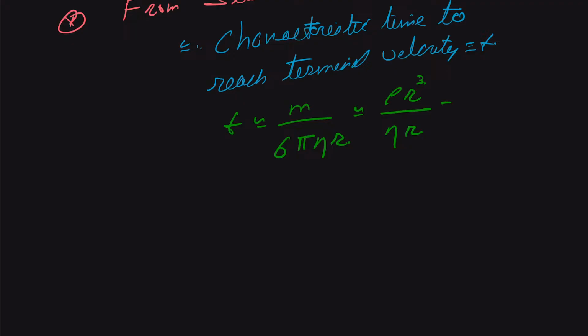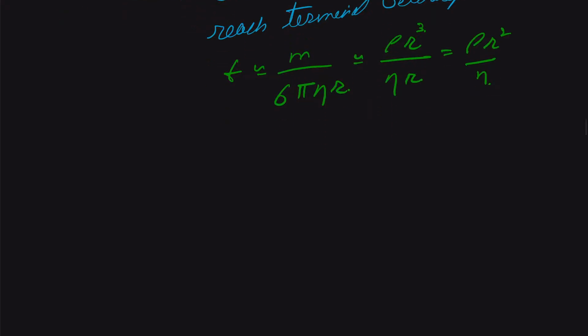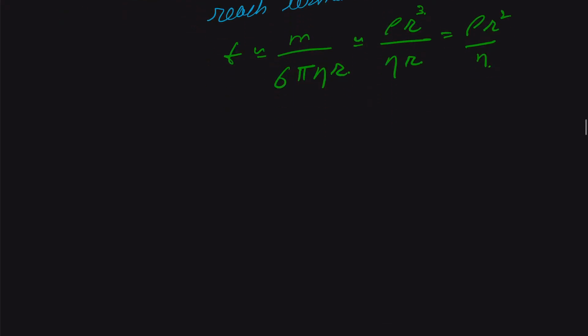Or we can say that this is equal to density times r squared upon mu. So from here we can say that our time t only depends upon the density of the ball, that is rho.